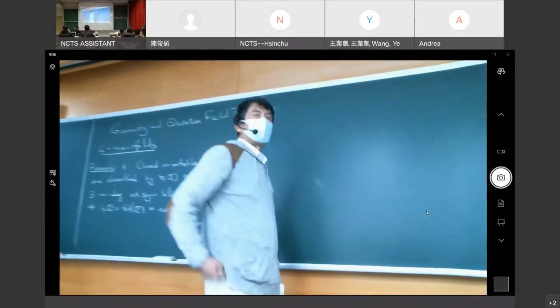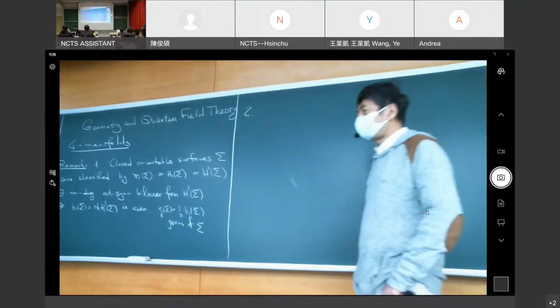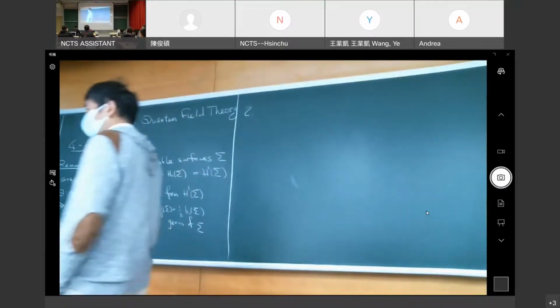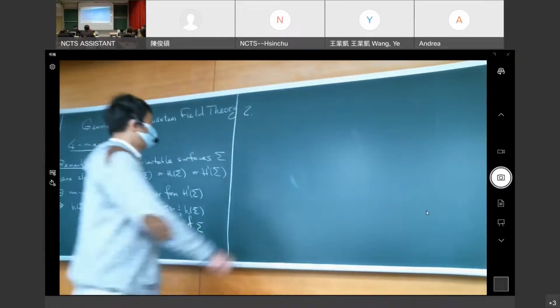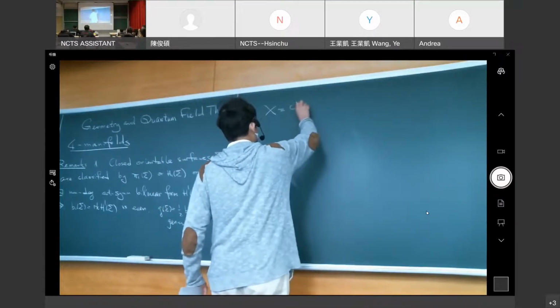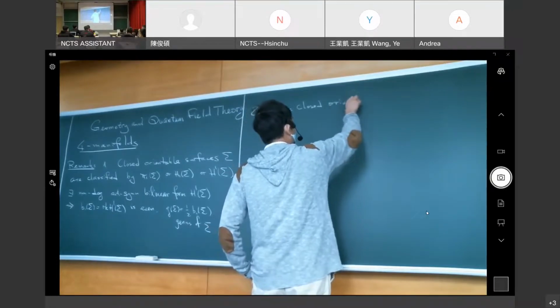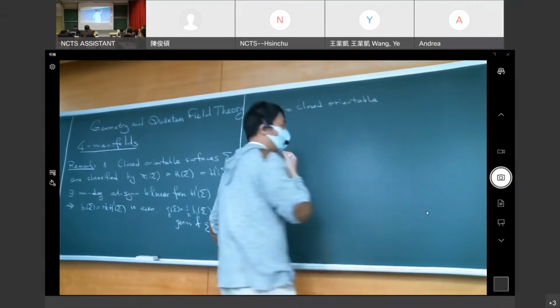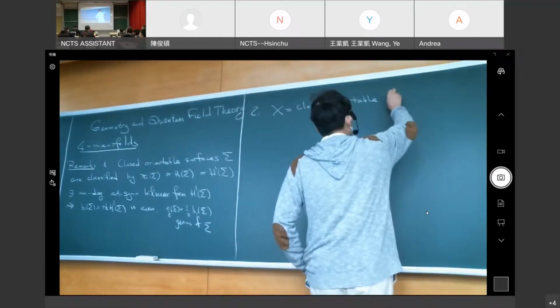Now, going to 4-manifolds, things are not so simple. Suppose X is a closed orientable 4-manifold. Again, closed means compact and without boundary.